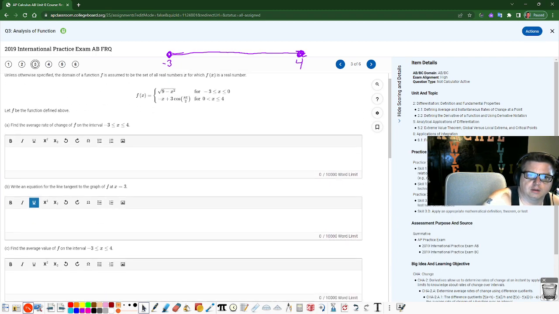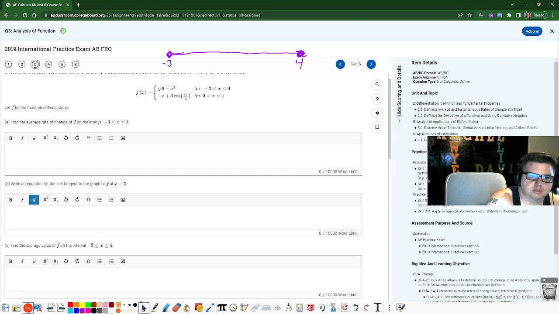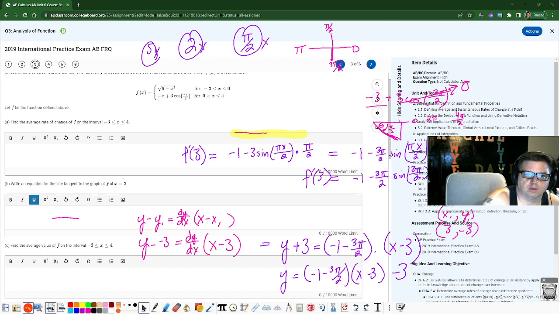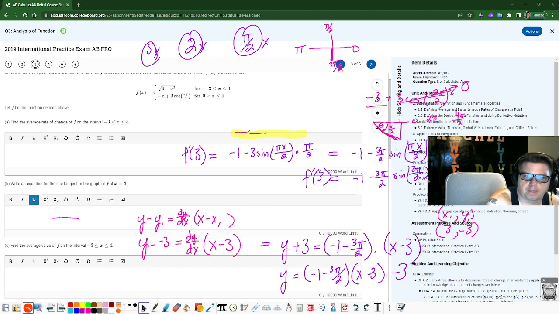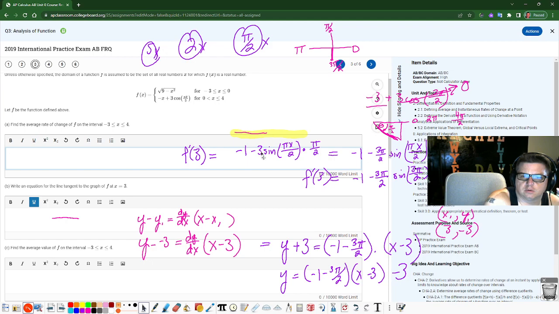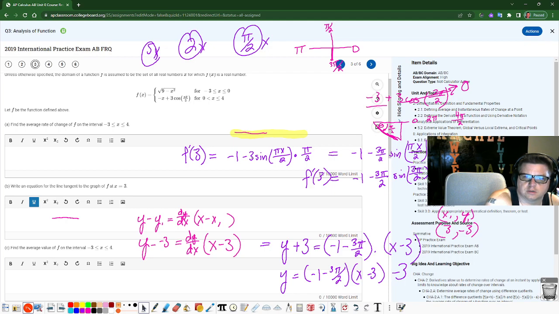We need the derivative of this, which I think we pounded out a couple. No, we took the derivative of that. Oops. So this is our derivative for the bottom part. Can we set that equal to 0?